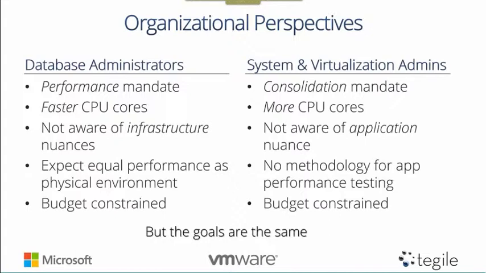Availability is the first one, but consolidation, making sure that they can squeeze the most amount of virtual machines into that physical stack, that's their big consolidation. So as a result, if you were to ask a DBA, what's better, faster CPU cores or more cores? The systems groups are going to say more cores because they know they can squeeze more VMs in there. The DBA, especially with SQL Server licensing, is going to say faster, not necessarily more. So it's a fun balancing act to meet in the middle there.